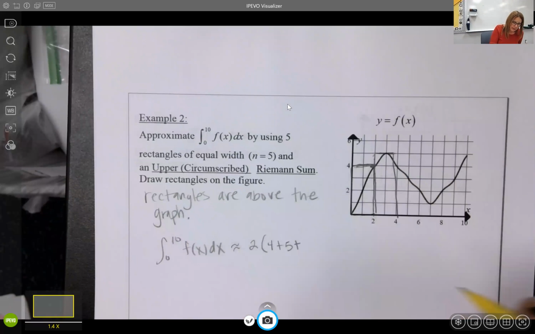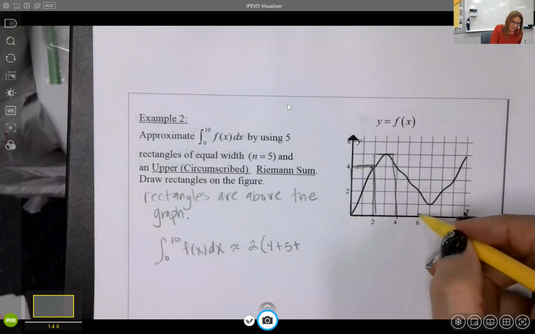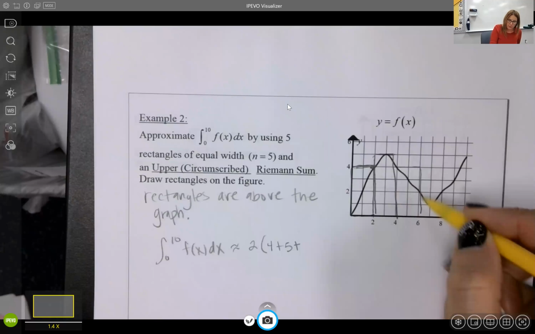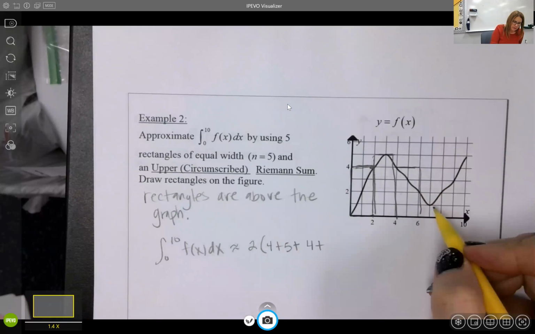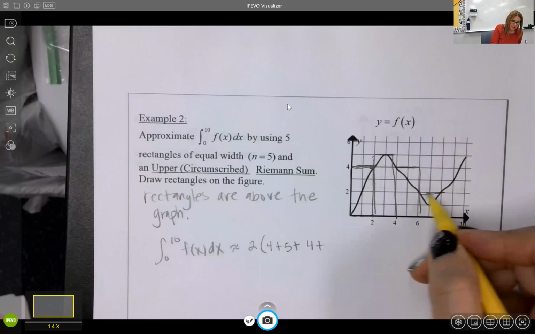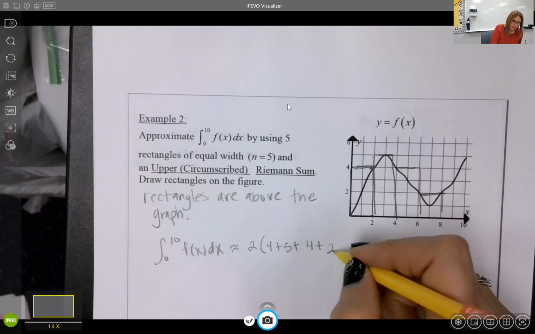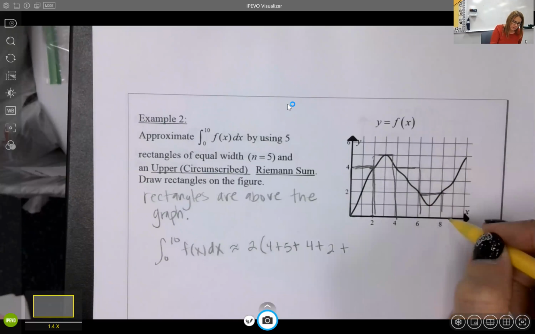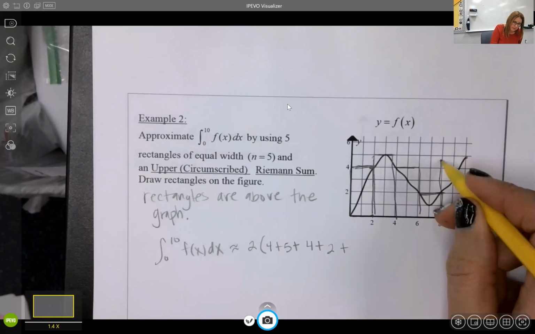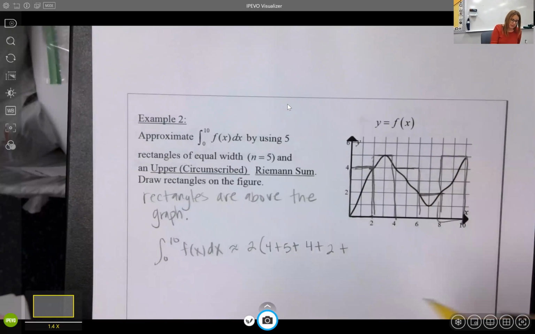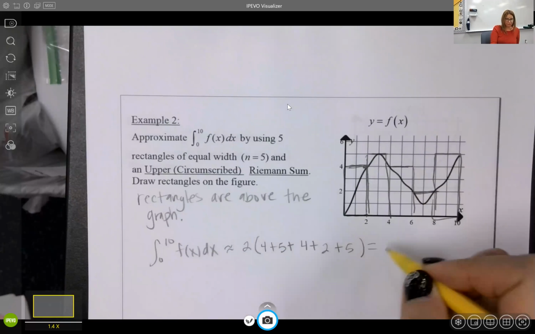In the next interval, this is the highest, and that's 4 again. In this interval, this is the highest, and that's 2. And then for the last one, the highest is right here, so 5 again, okay? This equals 40.